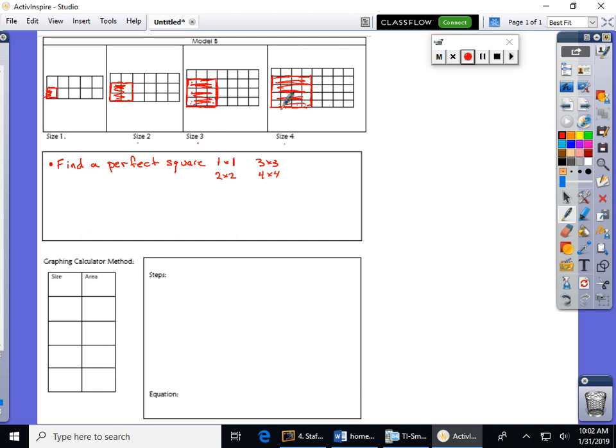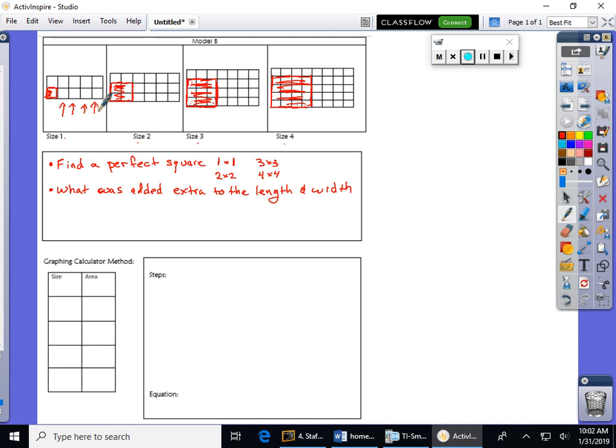And now we look at, well, what did we add extra to the length and what did we add extra to the width? When we look at this example, we know we have 1, 2, 3, 4 extra columns.